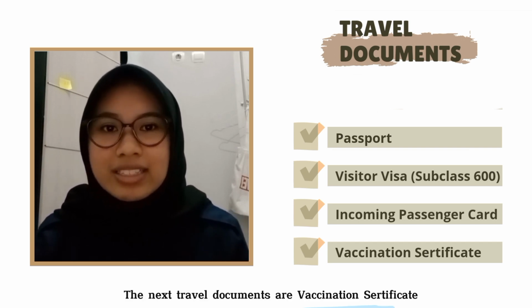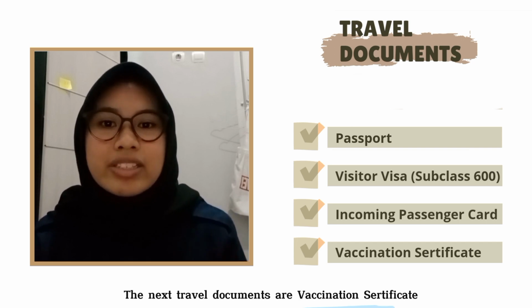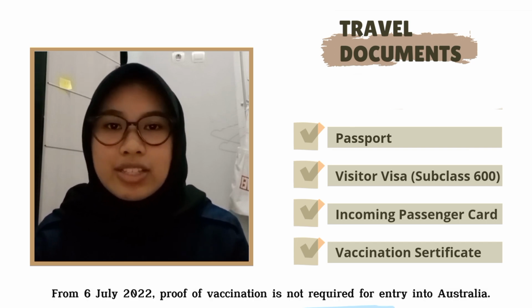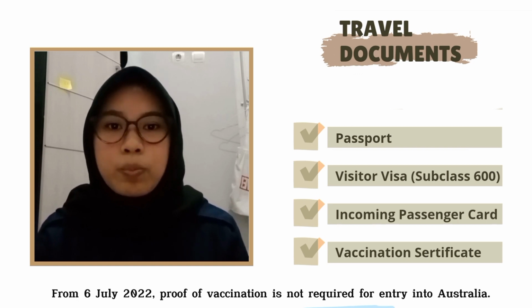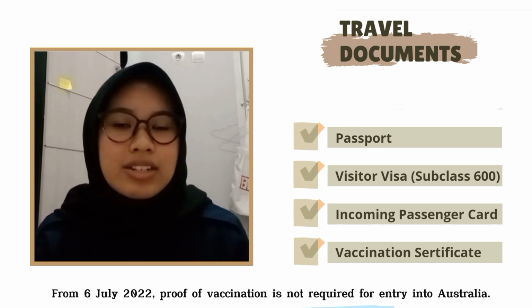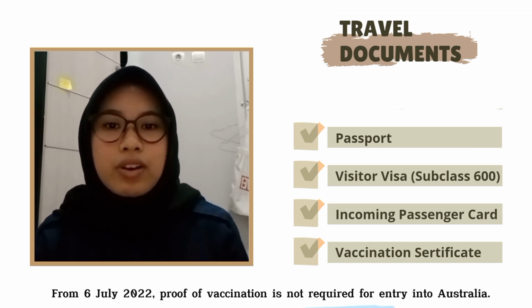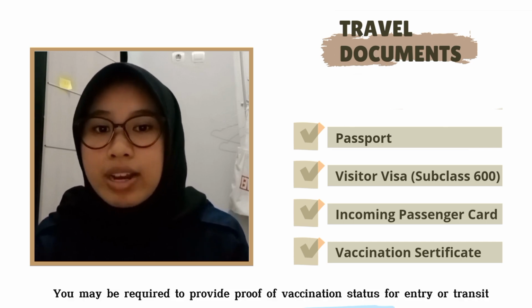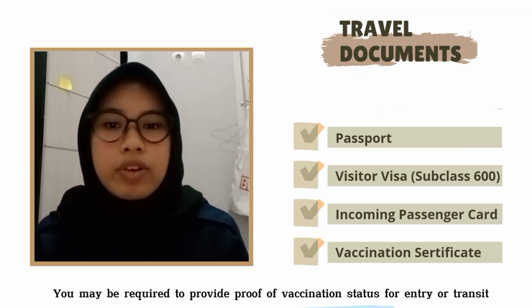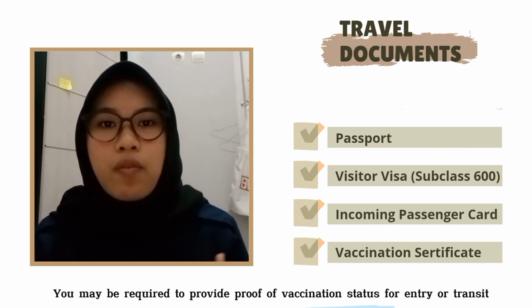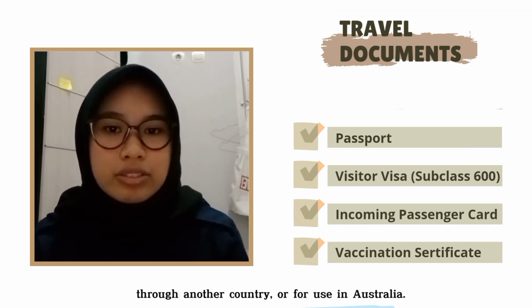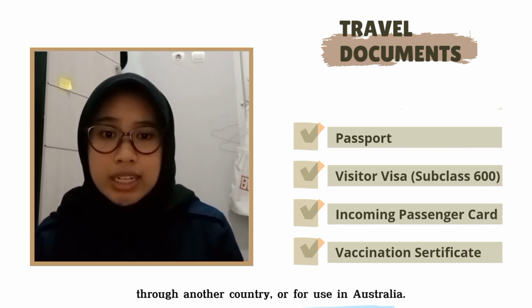The next travel documents are vaccination certificate. From 6 July 2022, proof of vaccination is not required for entry into Australia. You may be required to provide proof of vaccination status for entry or transit through another country or for use in Australia.